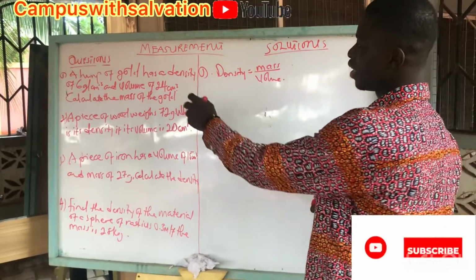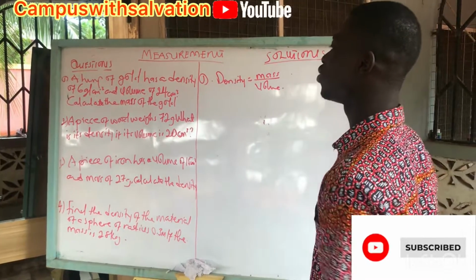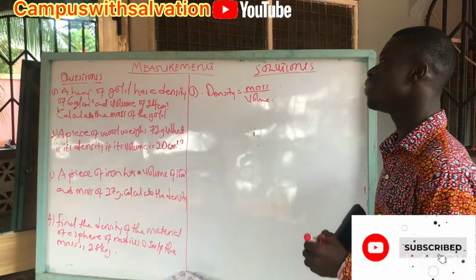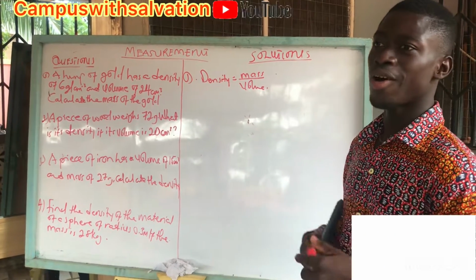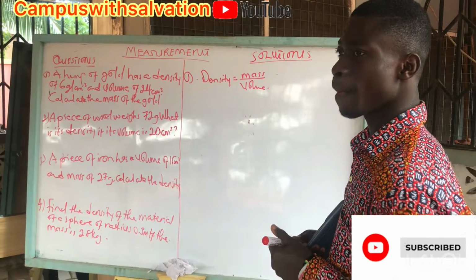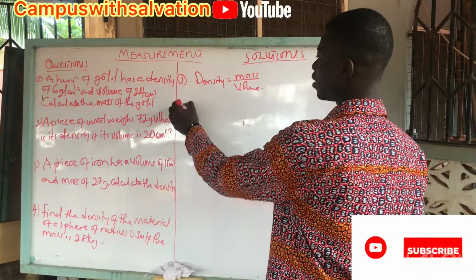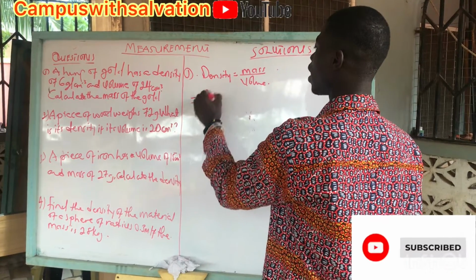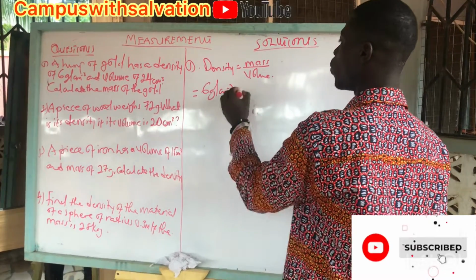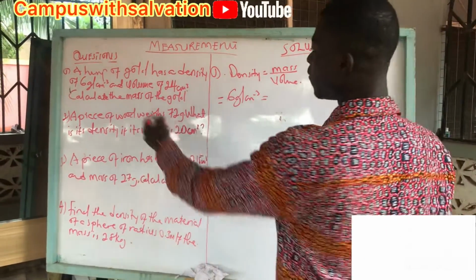Okay, so this is the formula, and the question says a lump of gold has a density of 6 grams per cm cube and a volume of 24 cm cube. Calculate the mass of the gold. The density has been given, which is 6 grams per cm cube, is equal to, let's put the figures in the formula.